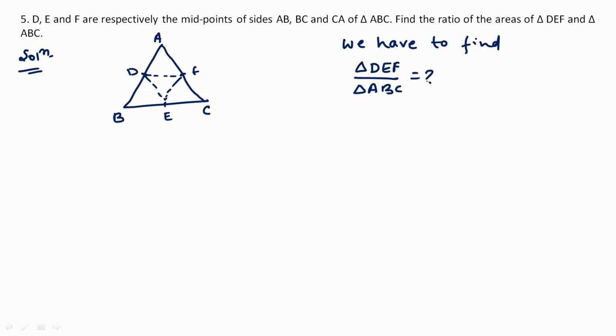So let's see. D and E are the midpoints of the sides of triangle ABC.